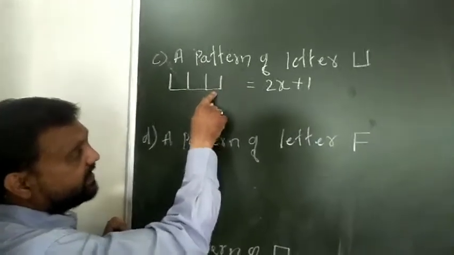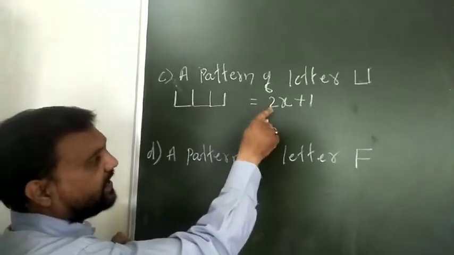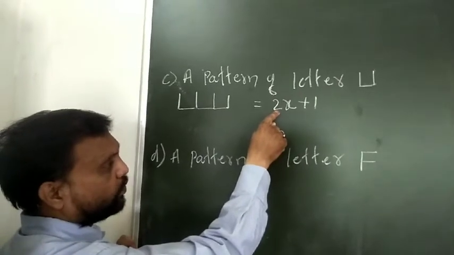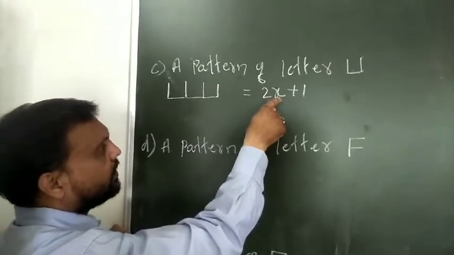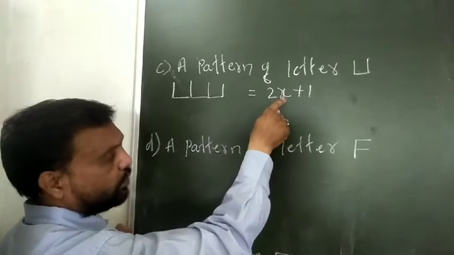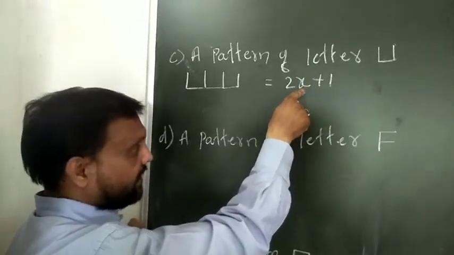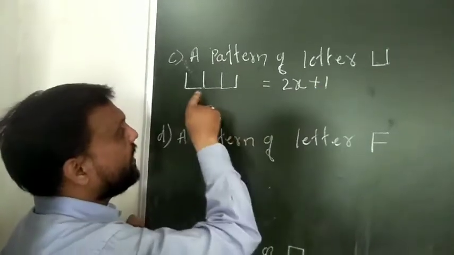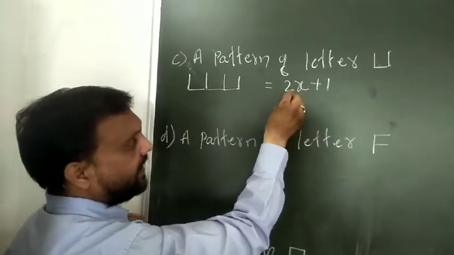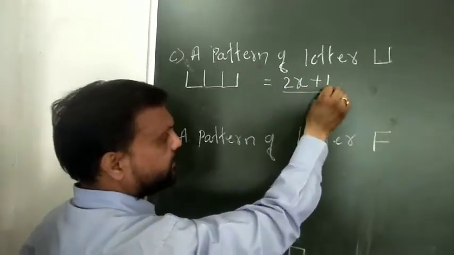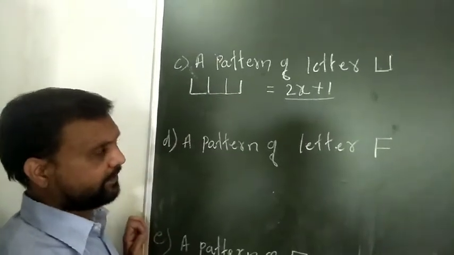Next time again 2 sticks. Next time again 2 sticks. That's why here is 2. The place of x is what? This is U. Don't get confused please, I have taken x here. You can take any letter, plus 1. To make a U, you require the expression 2x plus 1.